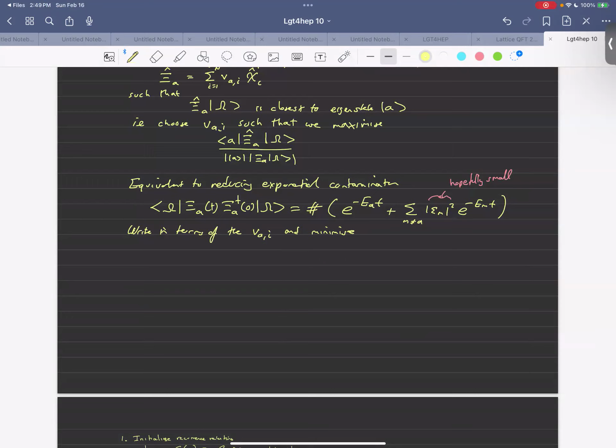So the left-hand side is just given by a sum over I and J of v_AI star, v_AJ, which I can write in the following way: v_AI star C_IJ of t v_AJ, which we can write as a vector v_A star, matrix C, vector v_A.